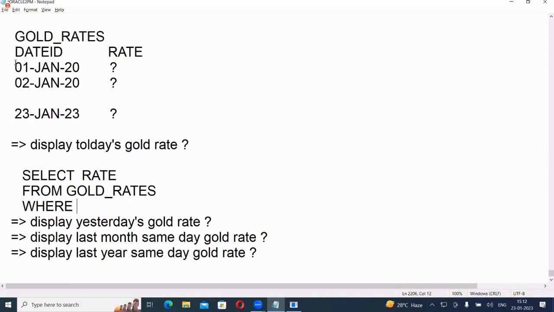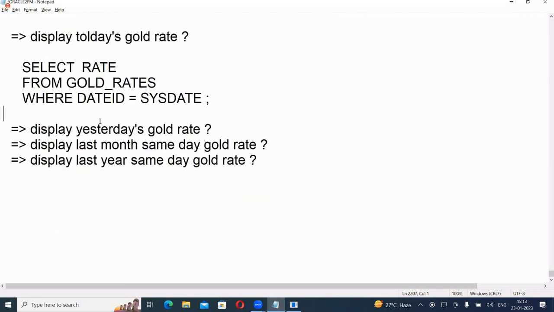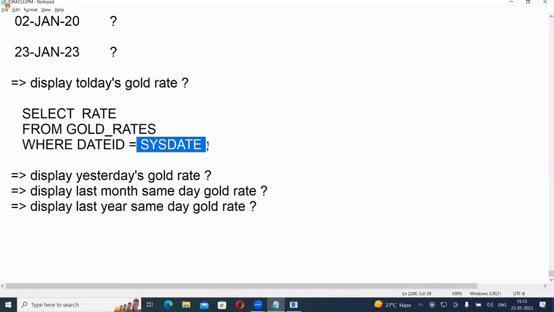From EMP table, how to get the Smith record? If you know that, you can write this. Where ename equal to Smith. Where date ID equal to today. Today means system date. Where date ID equal to sysdate.